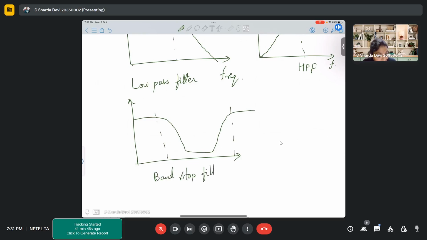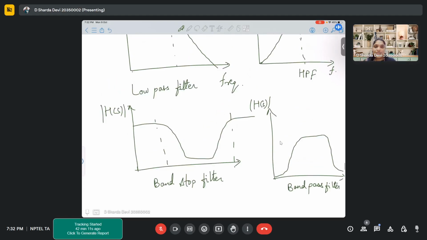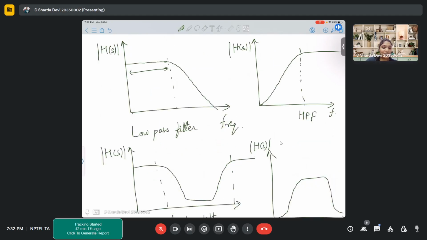And opposite to that, if you have this, then it is a band pass filter. So this is a band stop filter because it stops certain frequencies. Opposite to that is a band pass filter. This is a low pass filter, high pass filter.